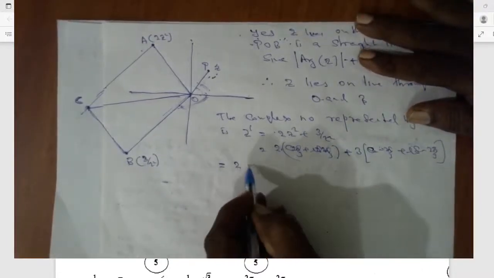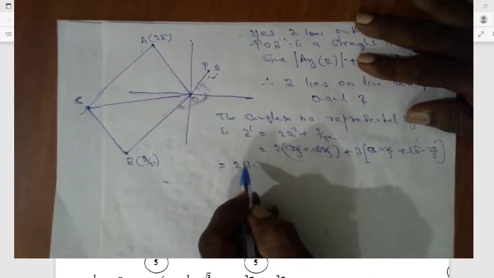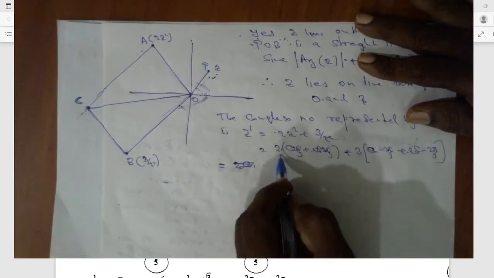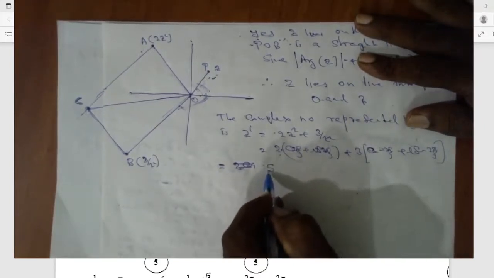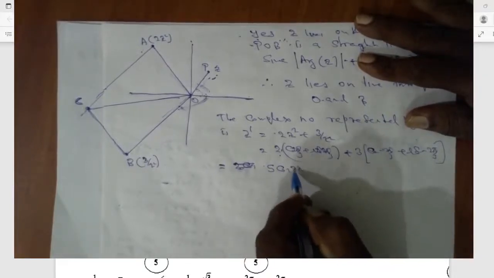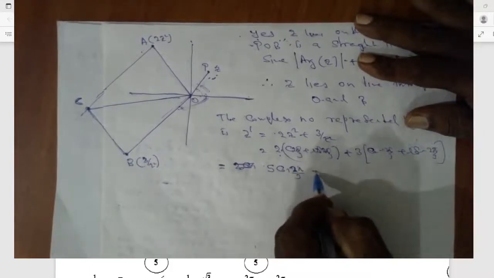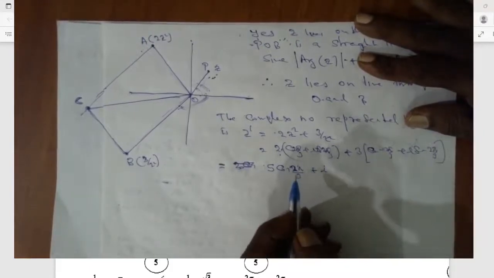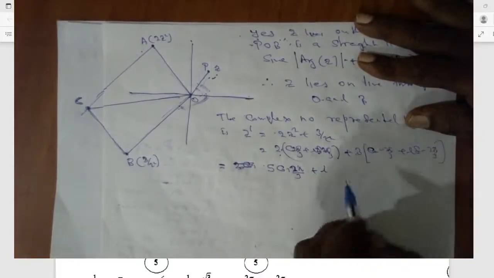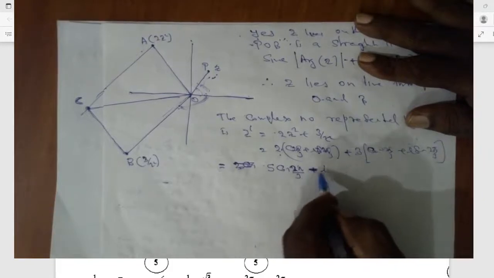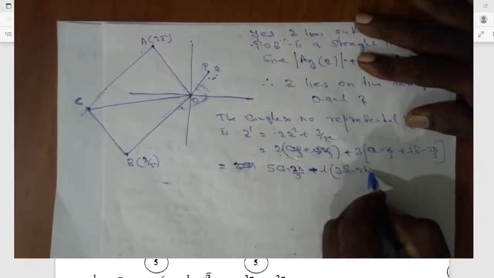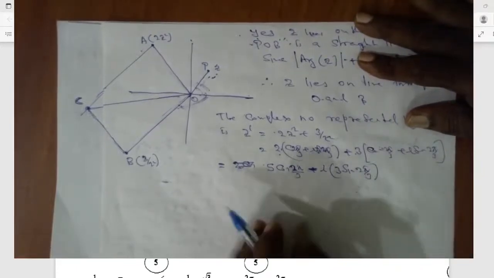That equals 5 cos 2 pi by 3 plus i times 2 minus 3 sin 2 pi by 3, like this.